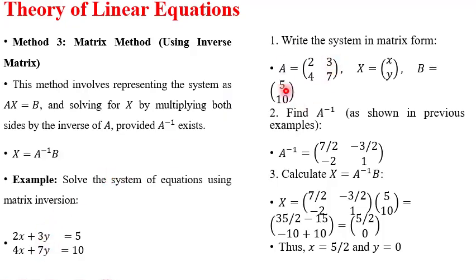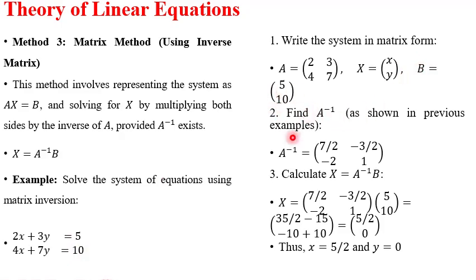That forms the elements of matrix A. We've got just two variables, X and Y, and the vector part, that's B, the constant values, these values here.